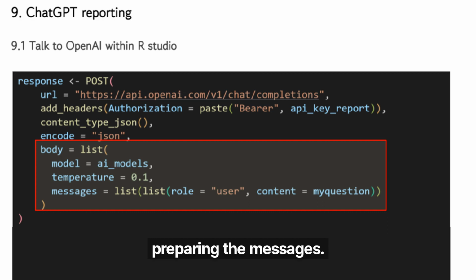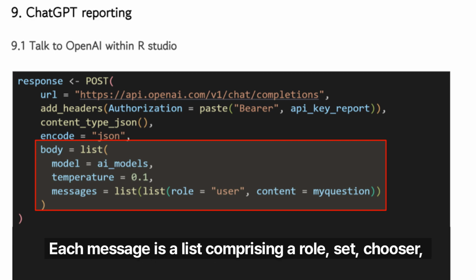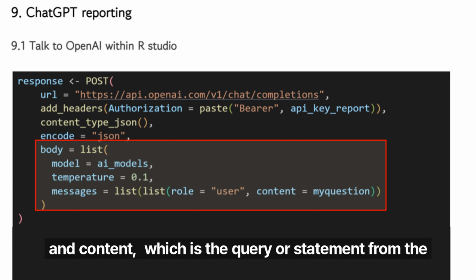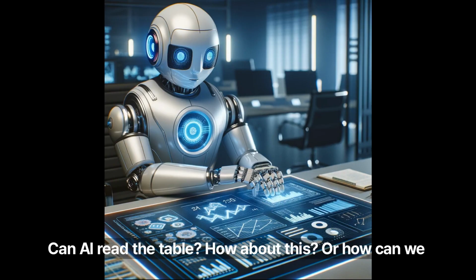Preparing the messages: messages equals list, role equals user, content equals my question, outlines the structure of the messages to be sent. Each message is a list comprising a role, set to user, and content, which is the query or statement from the user.